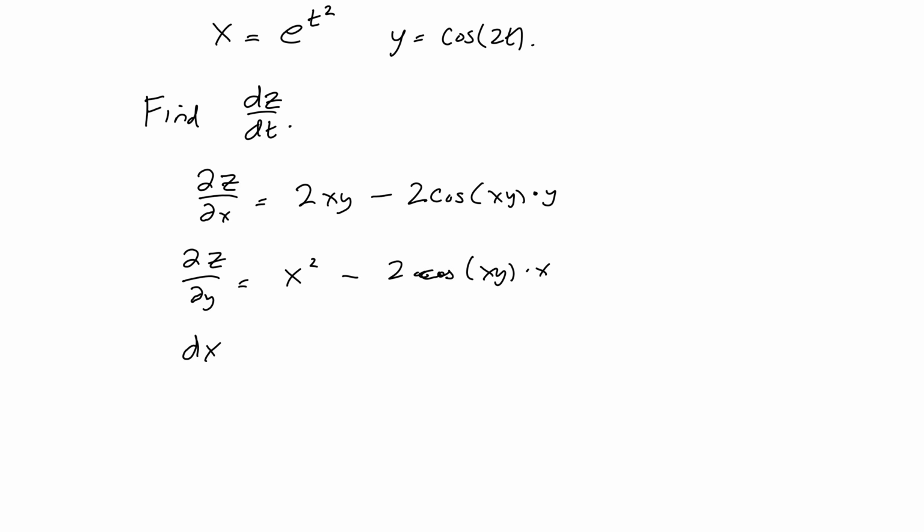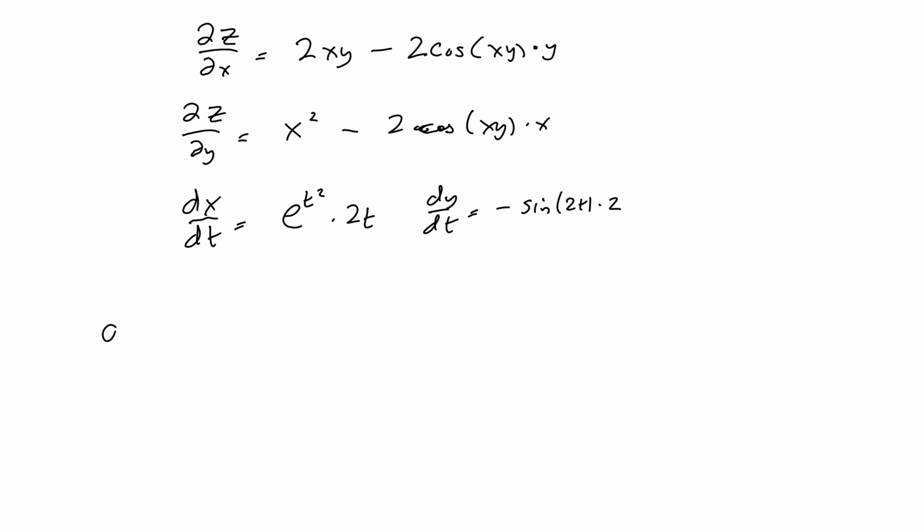I need dx/dt, so this is going to be e to the t squared times 2t, and dy/dt is going to be minus sine of 2t times 2. So just taking a bunch of derivatives there.